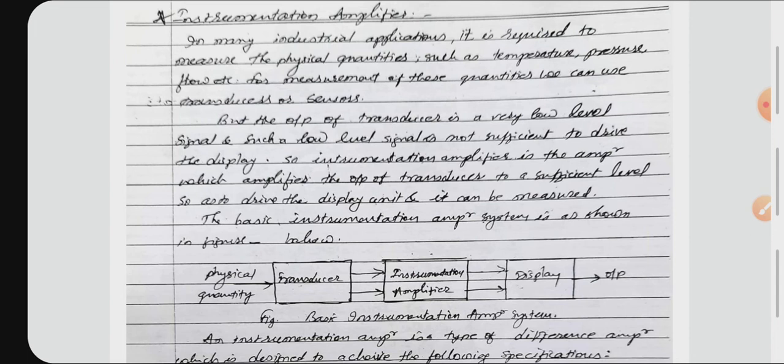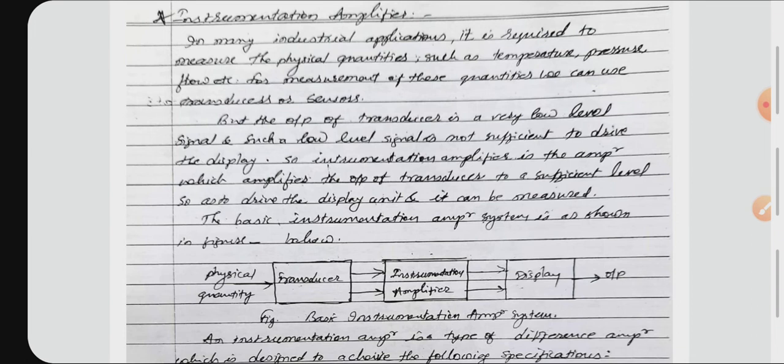But the output of these sensors is very low, and because of this, such a low level signal cannot drive the display unit. It cannot be measured and displayed. So the instrumentation amplifier is the solution. It is the amplifier using operational amplifier which amplifies the output of transducer or sensors up to a significant level so as to drive the display unit, and then it can be measured.